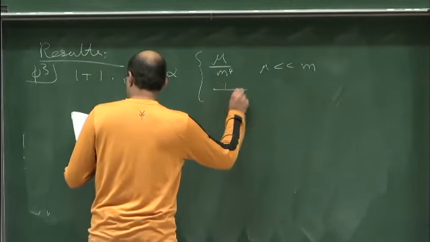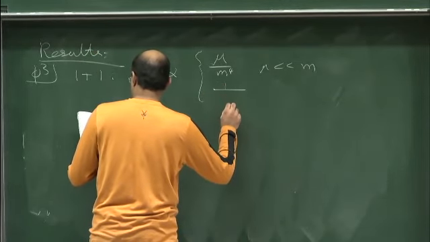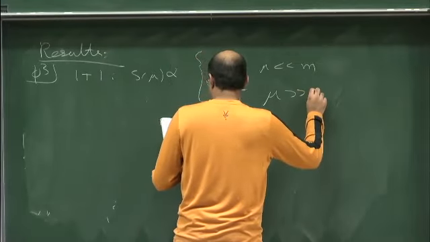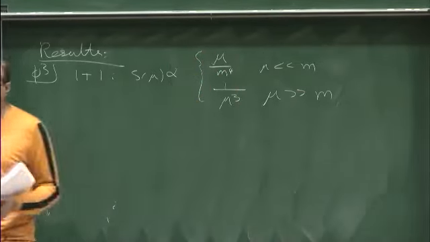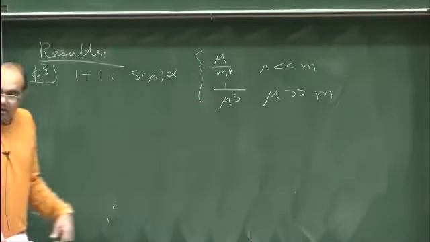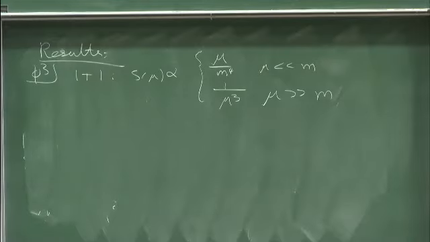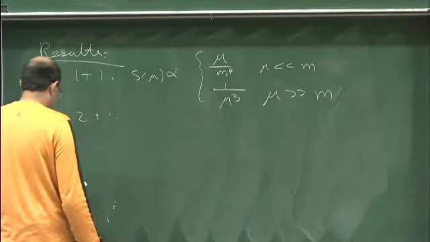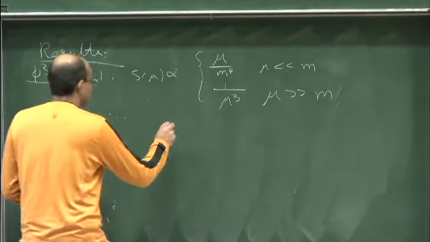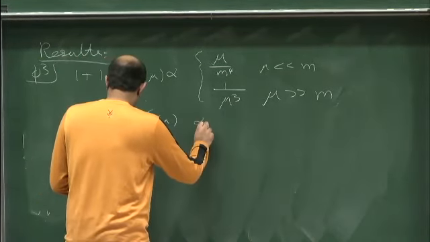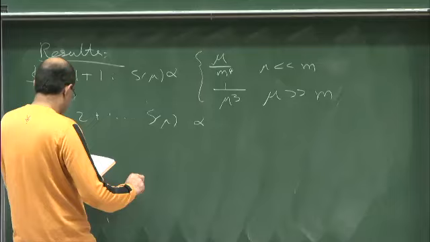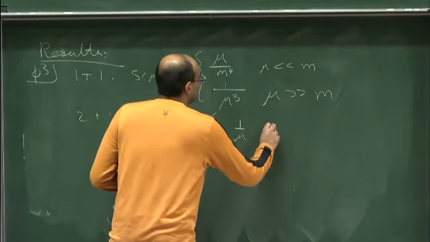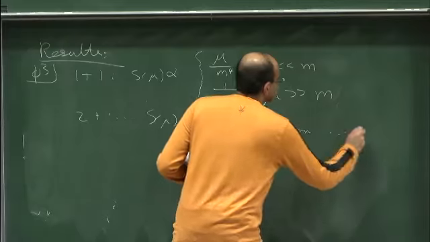Interestingly, at the other end, you also get something that goes to 1 over mu cubed when mu is much, much bigger than the mass. I'm leaving out dimensionful factors and everything, so I'm not trying to get things to look right here. Okay? So you can similarly do 2 plus 1, etc. In 2 plus 1 phi cubed, you get S of mu is proportional to 1 over mu when mu is much, much bigger than m, etc. Okay?